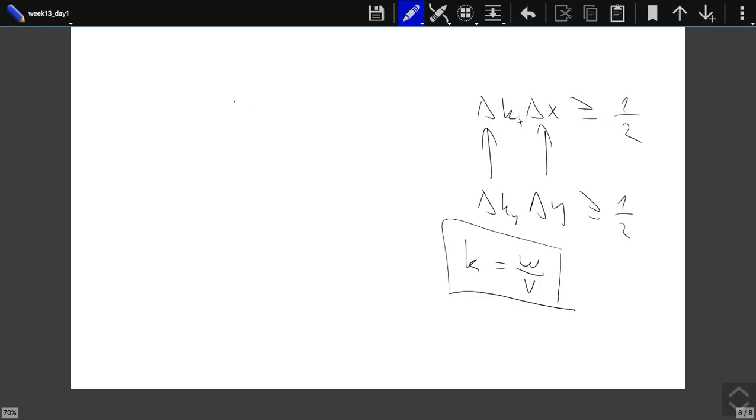Yeah, you see, K is constrained. The magnitude of K is fixed by the frequency and the velocity. So if you put additional constraints on the X and the Y and the Z components, they also influence other components because the total magnitude is fixed.